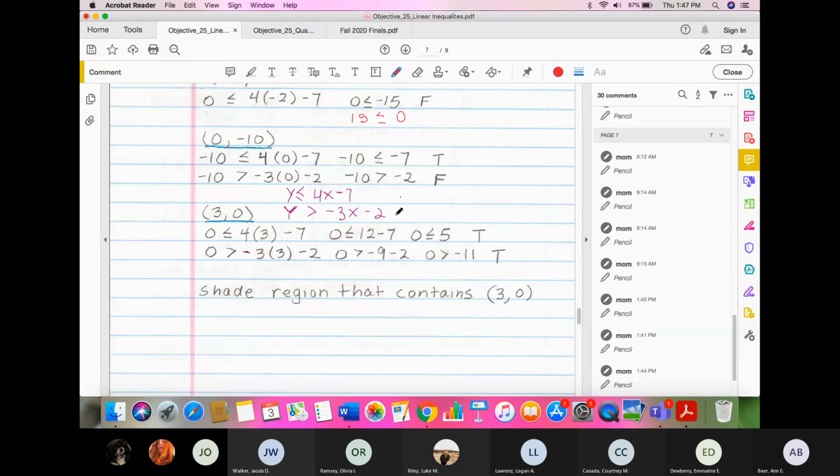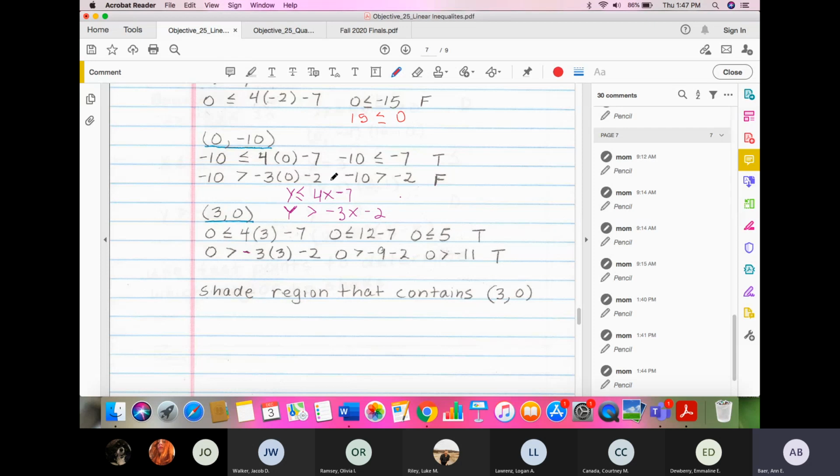And our second inequality says we want a y. Our y is -10, greater than -3, copied over, x, our x is 0.